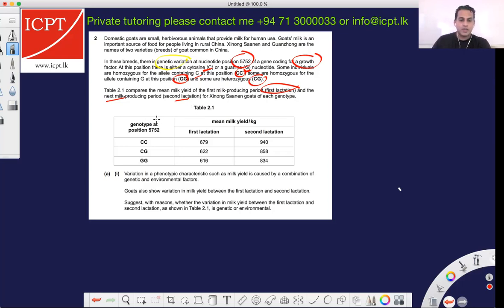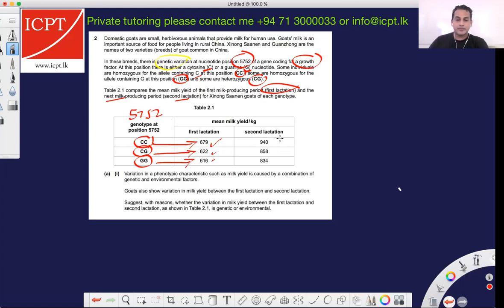So genotype at position 5752: CC, CG, and GG. First lactation, this gives 679, 622, 616. The highest is this, and then this is the second highest, and that's the lowest.